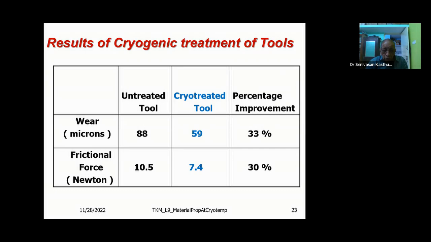Coming to frictional force, the untreated tool has 10.5, whereas the cryogenically treated tool has a lesser quantity, which means that due to the frictional force, okay, the material is a little more strong. Okay, that's what really happened.